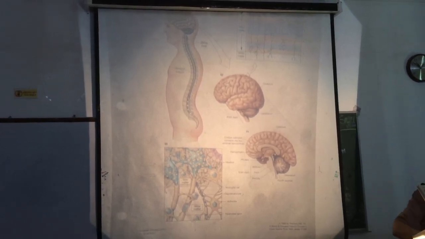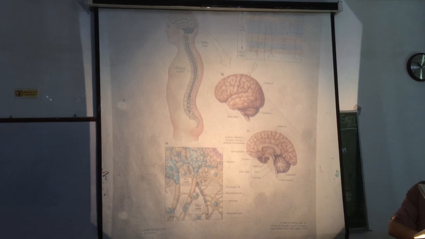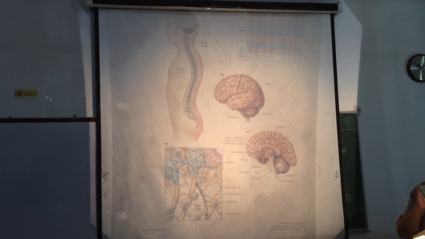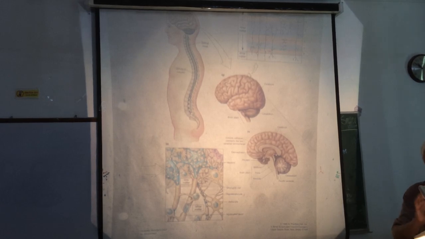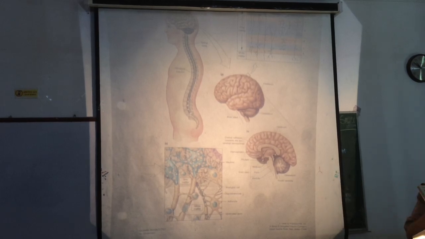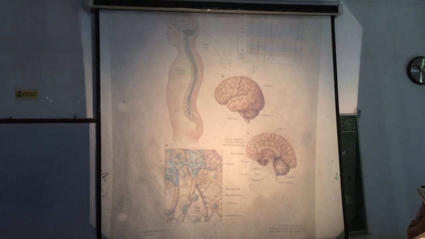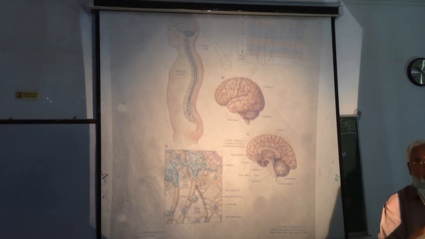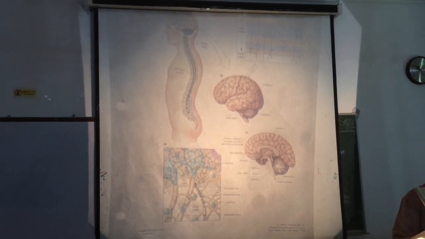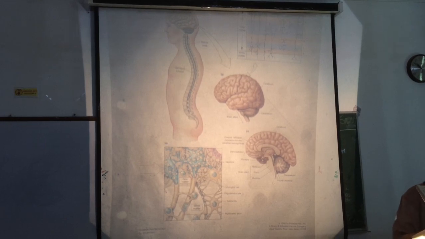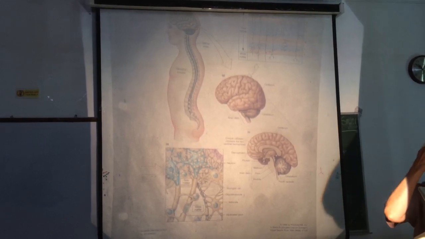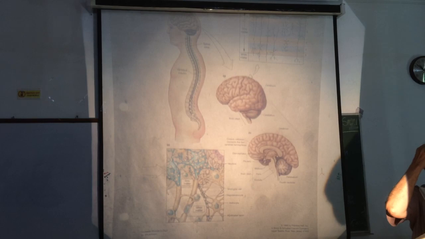In each cerebral hemisphere, there is a lateral ventricle present. The two lateral ventricles are connected to the third ventricle through the interventricular foramen.